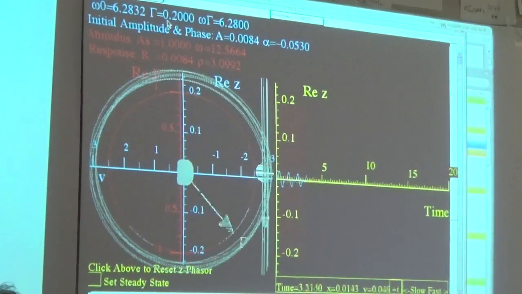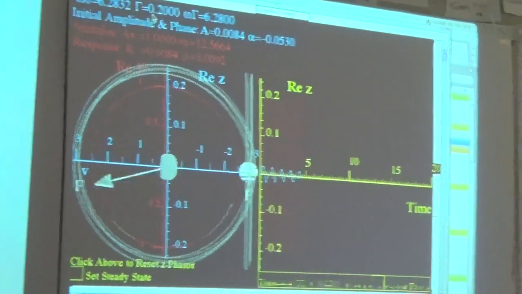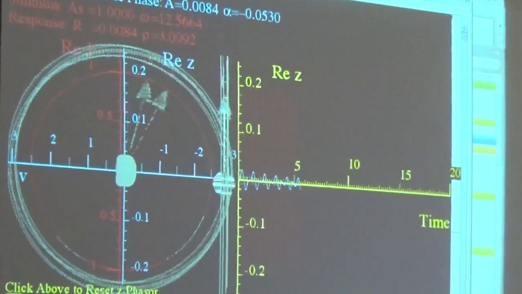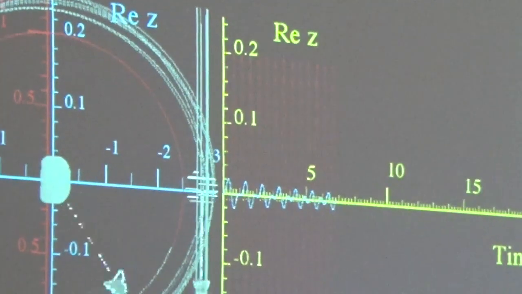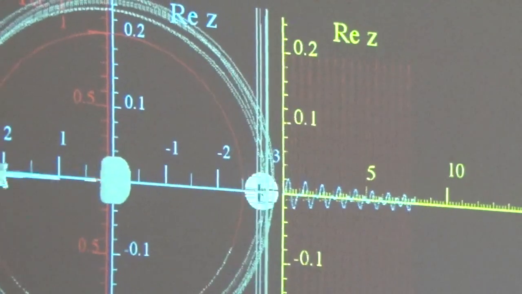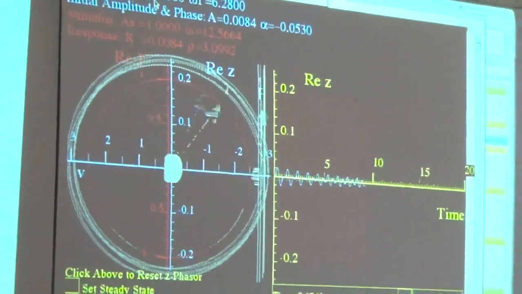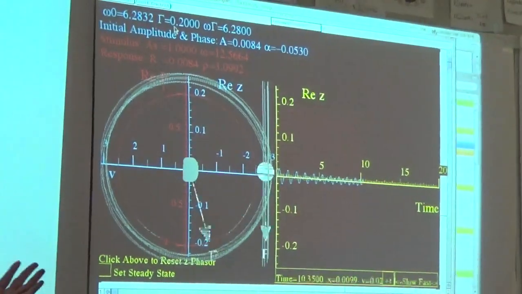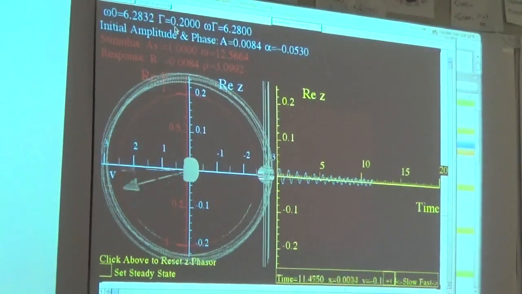I don't know if you can see it, but the little tiny response is almost pi out of phase. So when you have a situation like that where you're pulling when it's zigging and zagging when it's zigging, that's a recipe for no response at all.